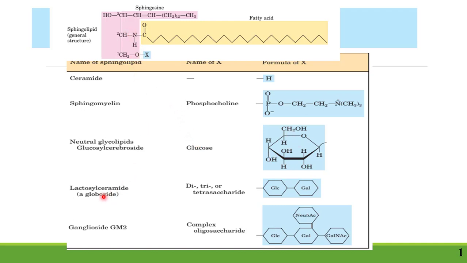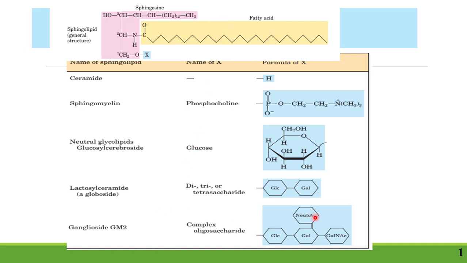And the globoside, another type of glycosphingolipid, contains a trisaccharide or tetrasaccharide, like glucose and galactose. And also the gangliosides have at least one molecule of neuraminic acid or N-acetylneuraminic acid.